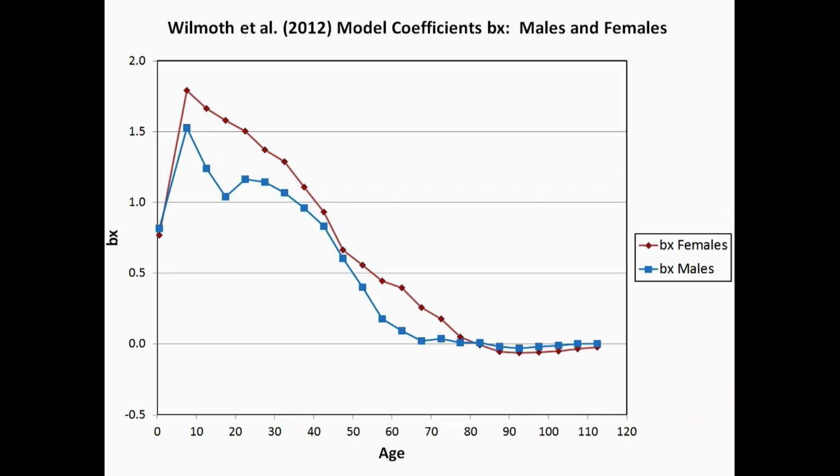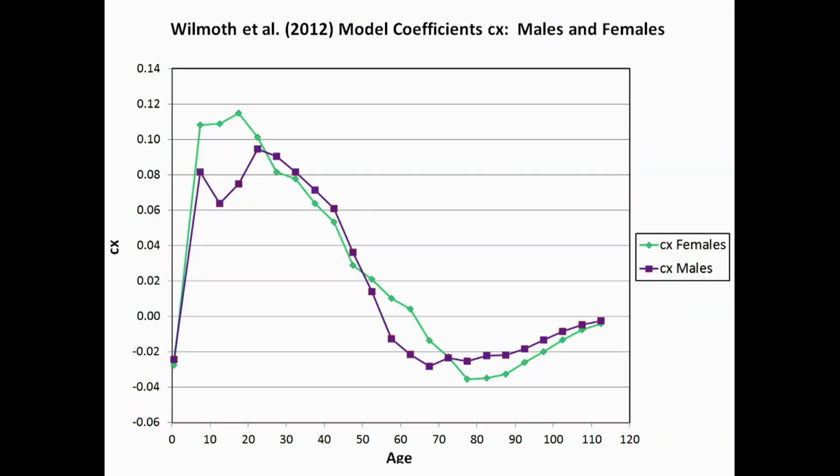I'd still have trouble with the sex differentials in infancy and late age, but that's because the models are estimated separately in different exercises for the two sexes. Next we have CX. This is the coefficient of the quadratic term. And again, it sort of looks like an upside-down mortality schedule. I wouldn't pay attention to the sex differentials.